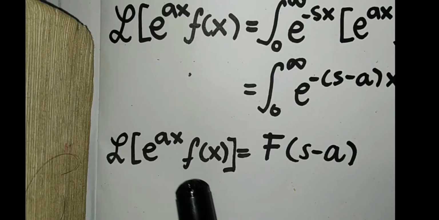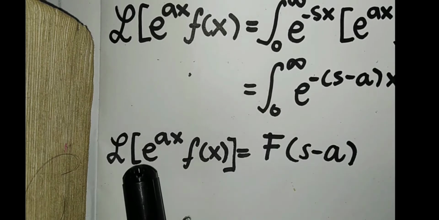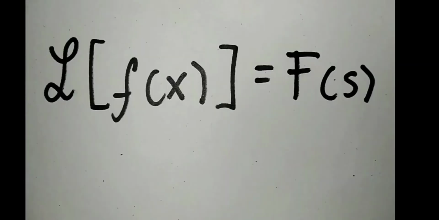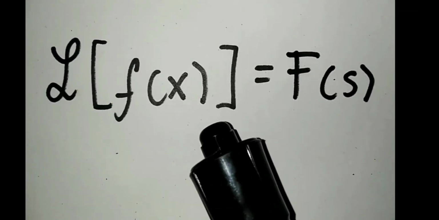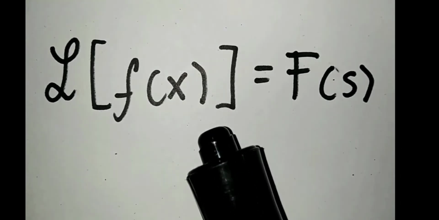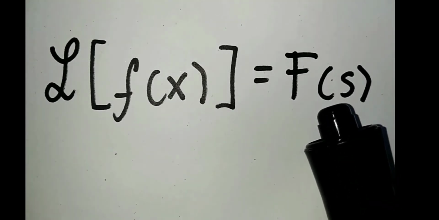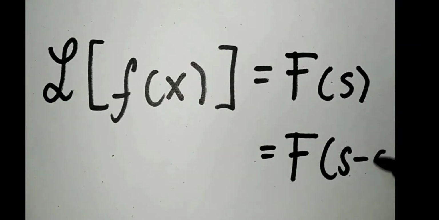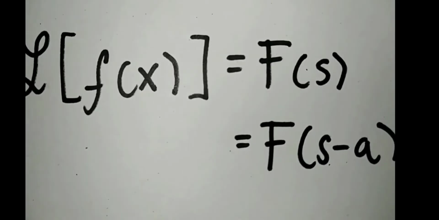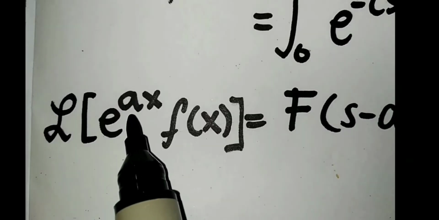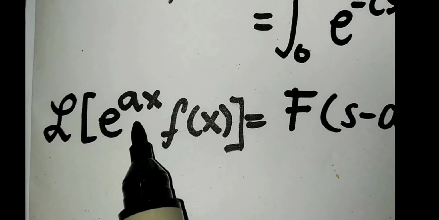So this time we have the function of x multiplied by e raised to ax. Your formula is that you have to find the Laplace transform of f of x and then shift your s domain, giving F of s minus a, depending on the value of a in e raised to ax.